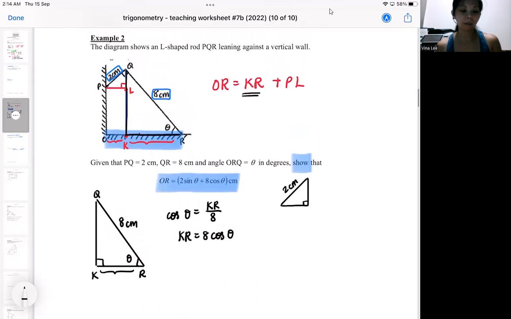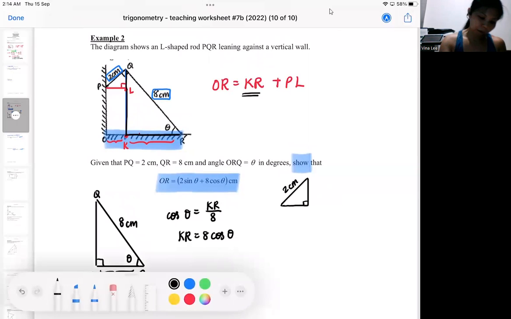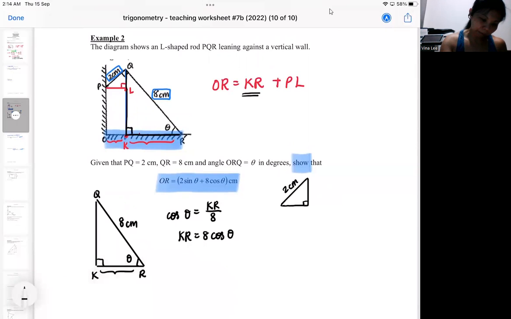So you must somehow get a theta. So where does the theta come from? It actually comes from this triangle. So this angle will be 180 minus 90 minus theta. That means this angle here is 90 minus theta.